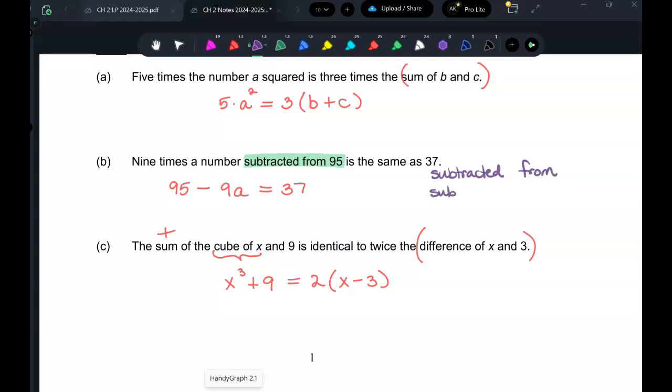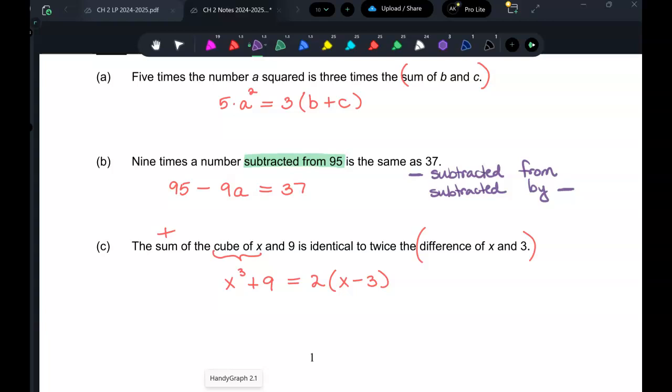Okay, I want you to look at the words subtracted from versus subtracted by a number. So if I said subtracted from something, that means the minus is going to go before, right? You're subtracting from that. And then subtracted by, it's going to have the subtraction sign on the other side.